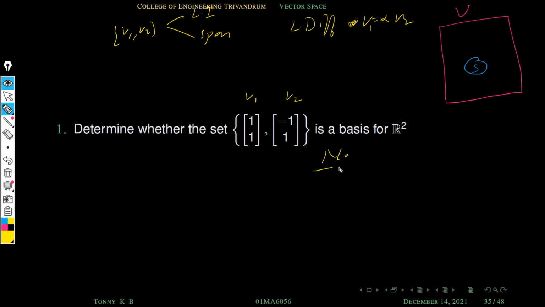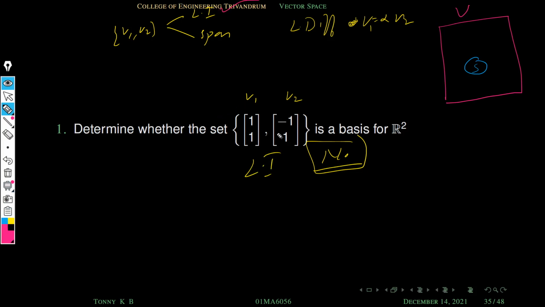No, the answer is no. If you take 3 times (1, 1), that gives only (3, 3). If you take minus 1 times (1, 1), that gives (minus 1, minus 1), not (minus 1, 1). Conversely also, this is not a scalar multiple of the other. So it is guaranteed that this set is linearly independent. So we verified the first one.